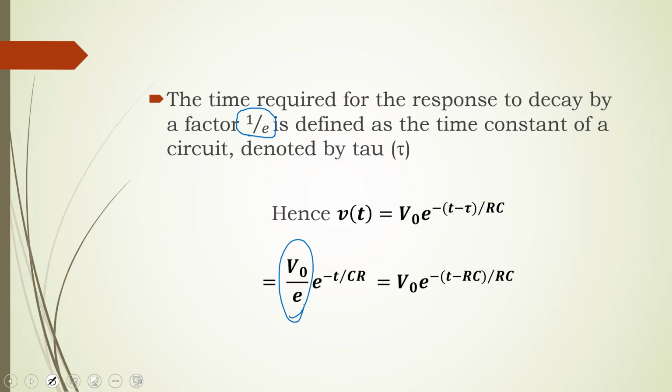Because remember we said that it is reduced by a factor of 1 over E. But 1 over E is e to the minus 1. All right? Do we see how we move from here to here?